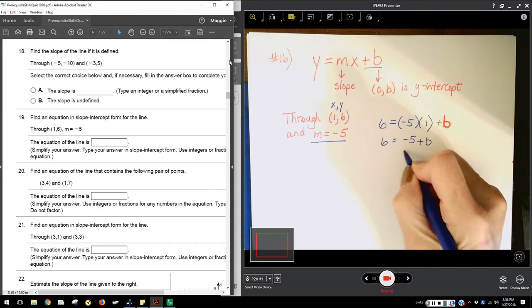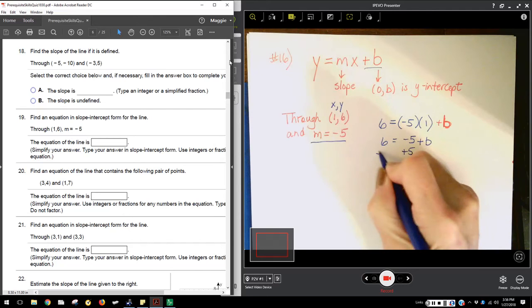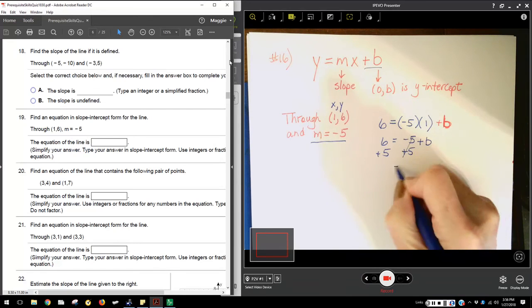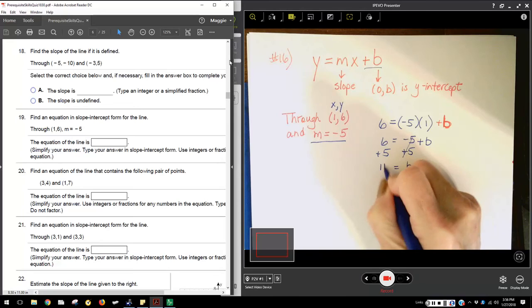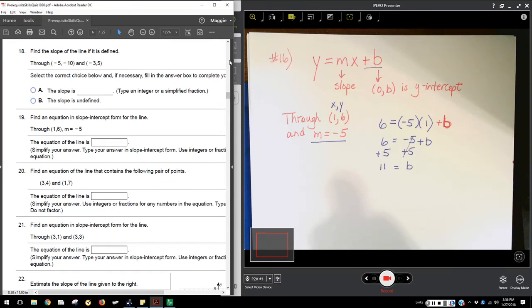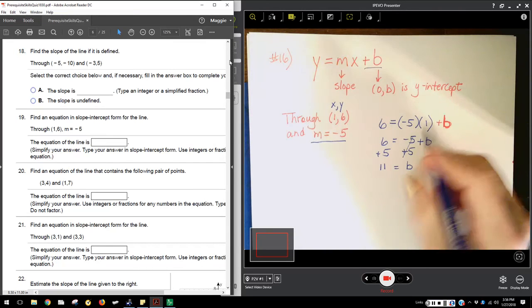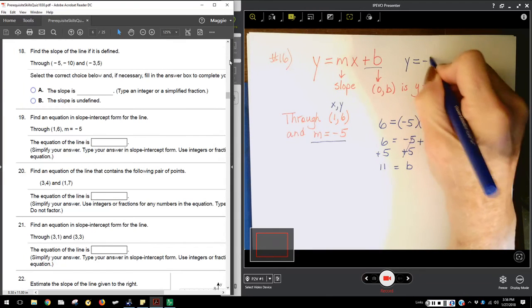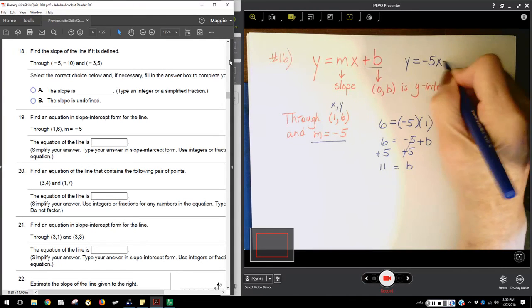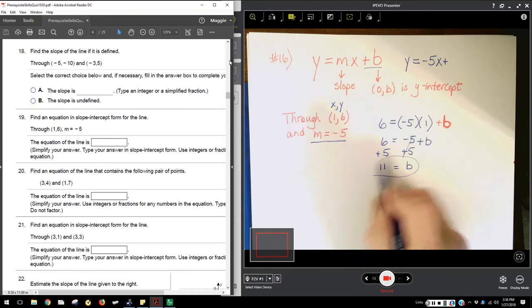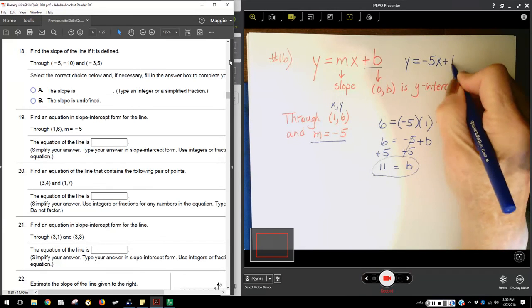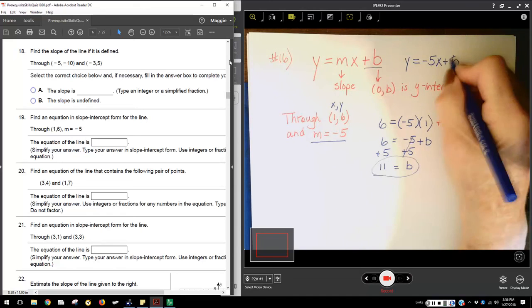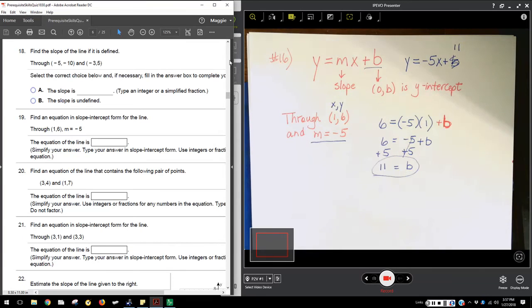And if I add 5 to both sides, I very quickly see that b is equal to 11, which means that my equation is y is equal to the slope, which is negative 5, times x plus the y-intercept, which is b, which is 11. So my equation is negative 5x plus 11 is equal to y.